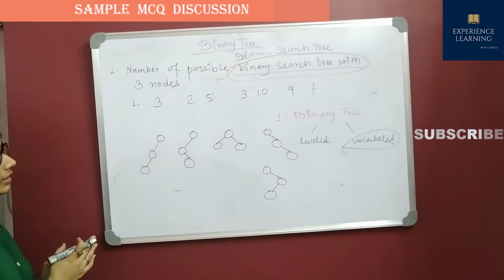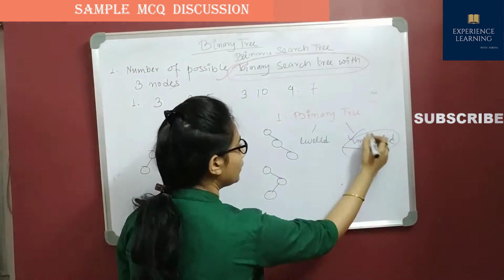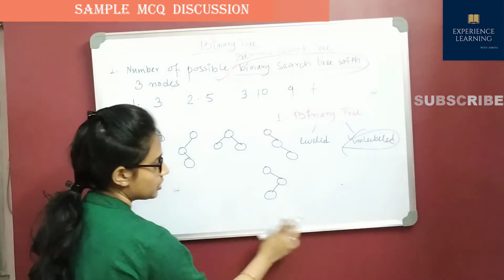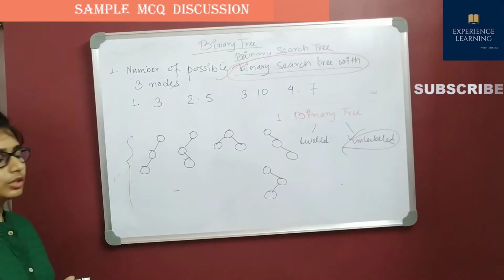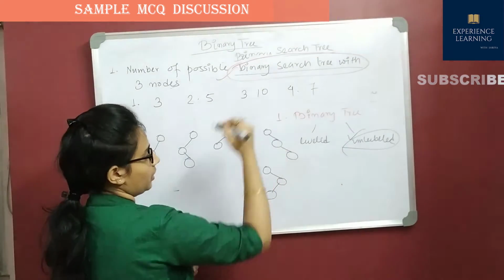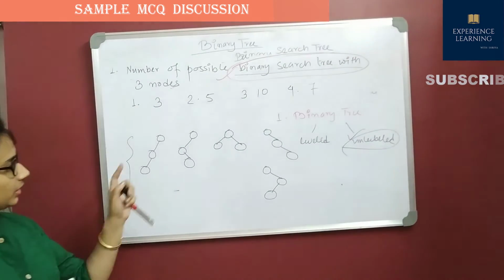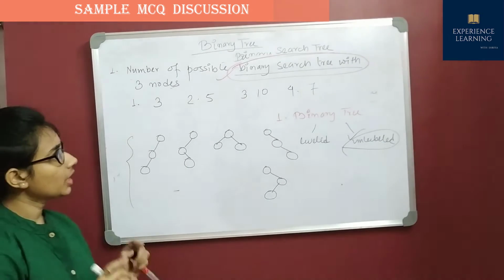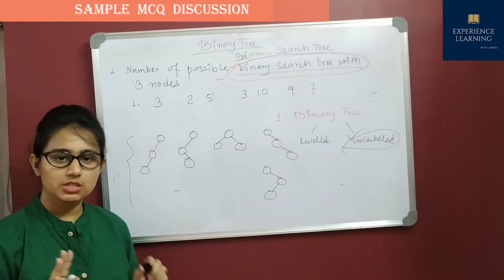If it is an unlabeled binary tree, then we can get 5 unique binary trees using 3 nodes.